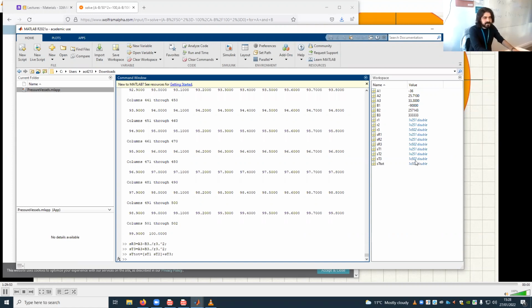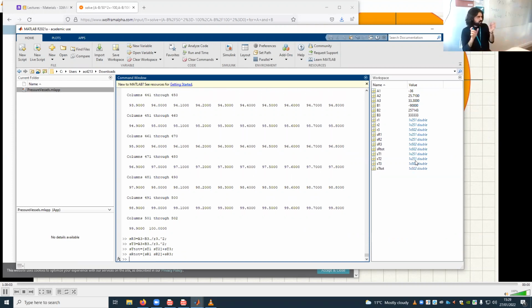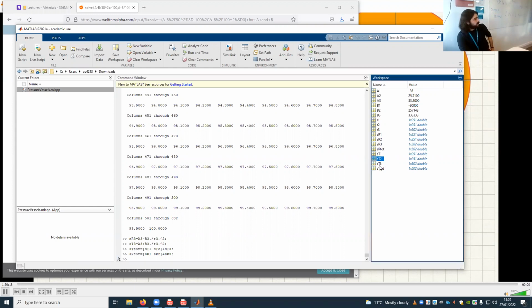And the SR total is SR1, SR2 plus SR3. Does this make sense? I'm just putting the vectors one after the other, appending the two vectors, and then summing a longer vector. That's the idea, because ST3 is twice as large as ST1 and ST2.